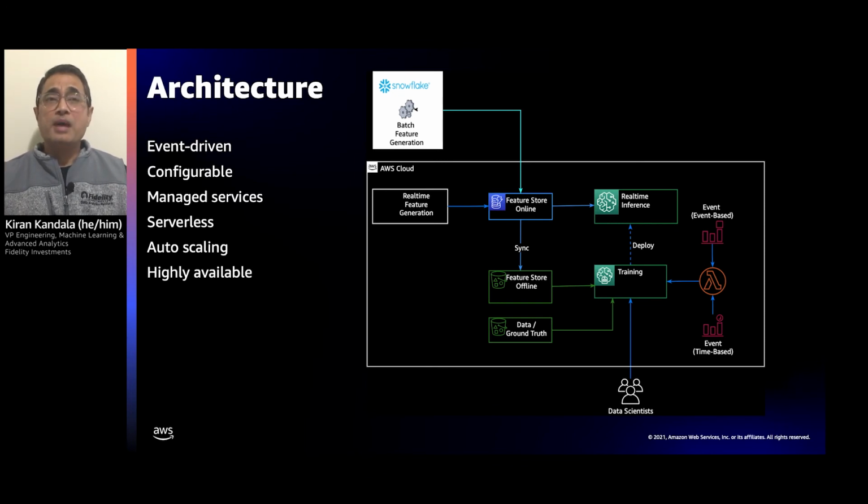We leverage managed services and serverless architecture where possible because that offers us the benefit of being able to auto-scale and make these services highly available. This also enabled us to focus on business problems rather than worrying about the infrastructure management.